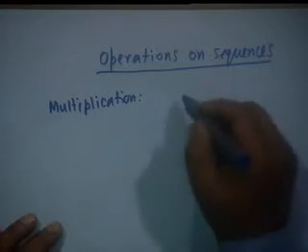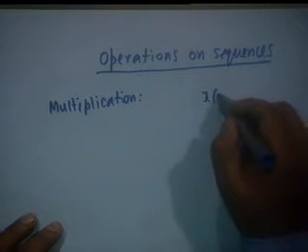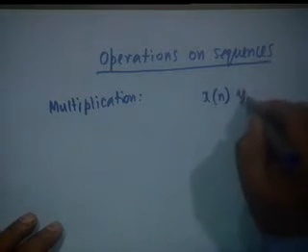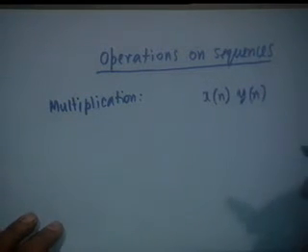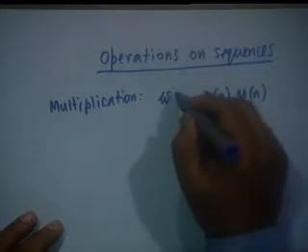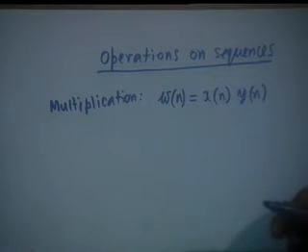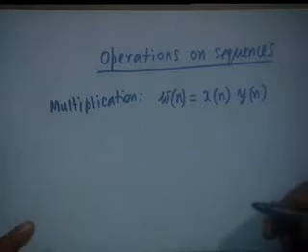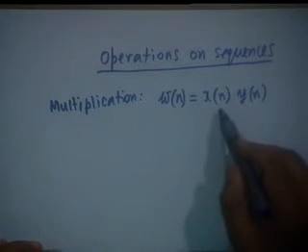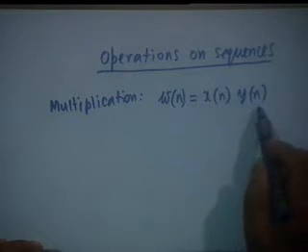If a sequence x of n is multiplied by another sequence y of n to form a new sequence, let us say w of n, it means that the corresponding samples are multiplied. That is, the n equal to 0 sample in x of n is multiplied by y of 0.